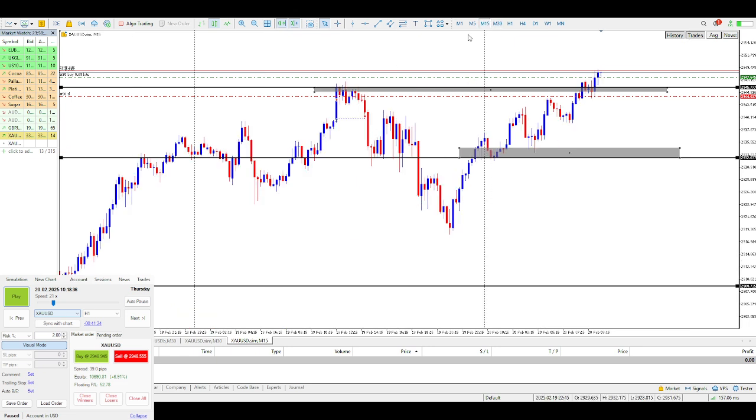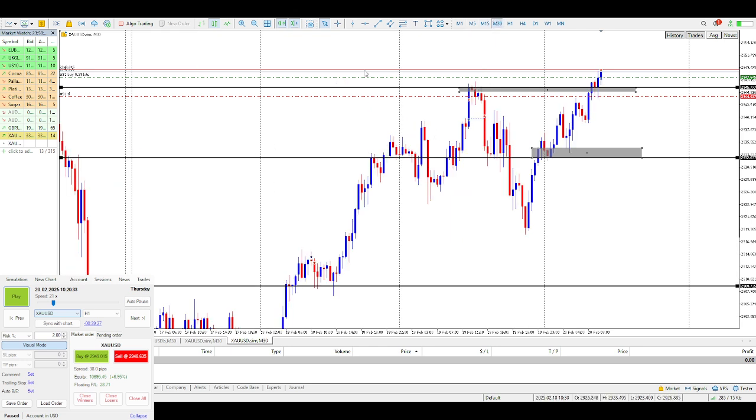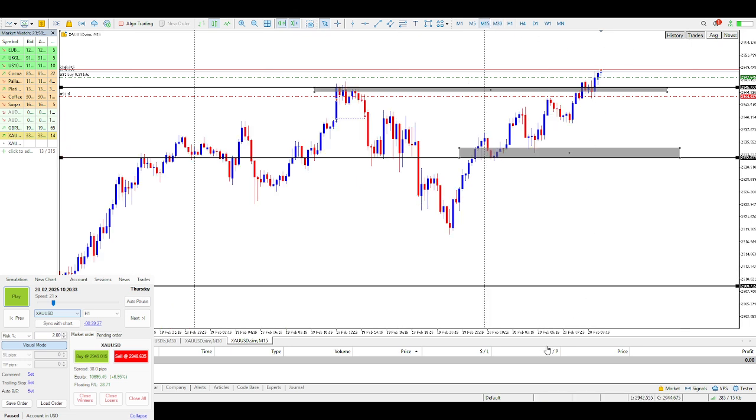Okay, the M15 time frame closed. I'm closing 50% of this trade, and since this low has been formed on the M15 time frame, it should not be broken. I'm not confident on this setup, that's why.